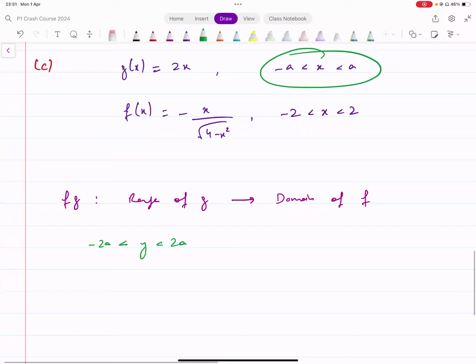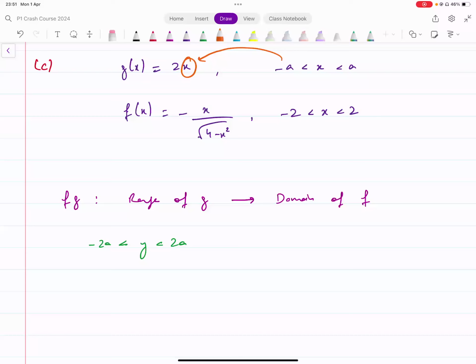If the domain is from minus a to a, when you input x equal to minus a, that gives you minus 2a. When you input x equal to a, that gives you plus 2a. So the range of this function g is from minus 2a to plus 2a. What's the domain of f? The domain of the outer function is from minus 2 to 2.